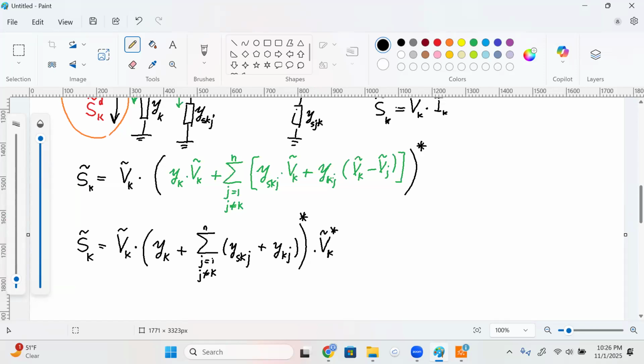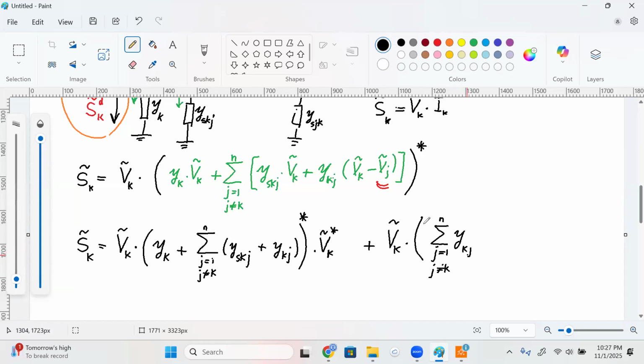Then I will have these terms that have VJ in them. So I'm going to expand this and say this is plus, again, VK times, let's say what I have. What I have here is summation J from 1 to N, J is not equal to K. And what do I have?